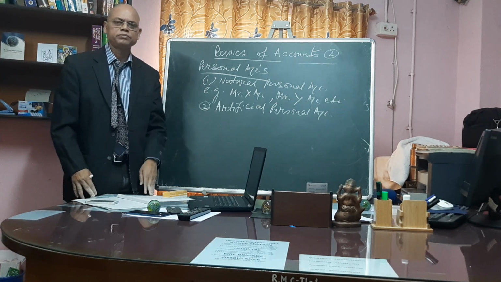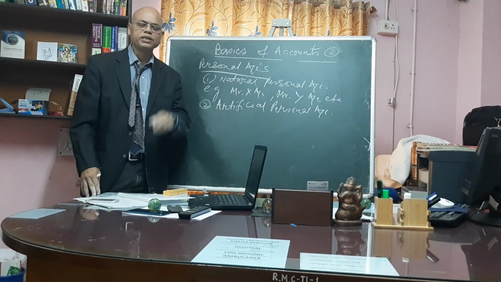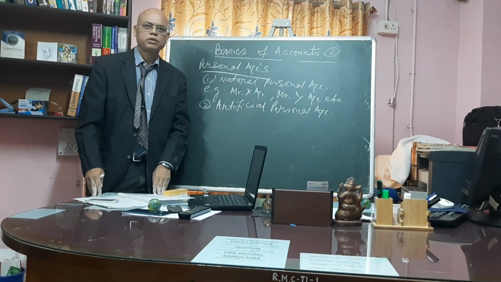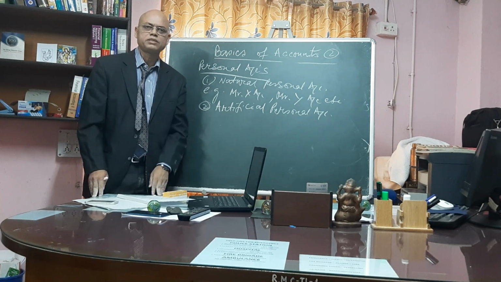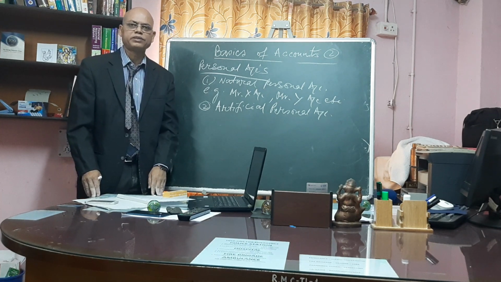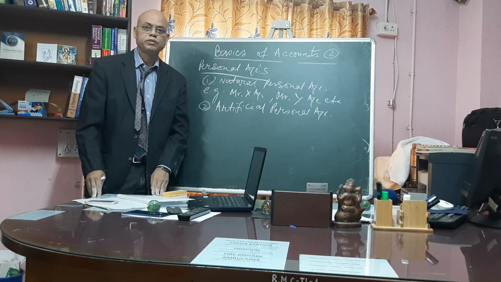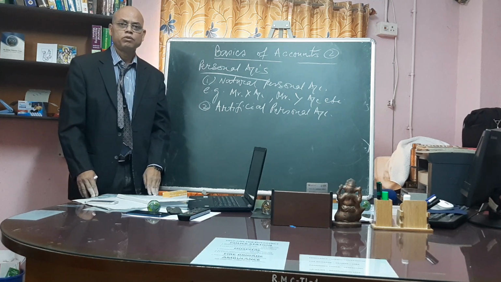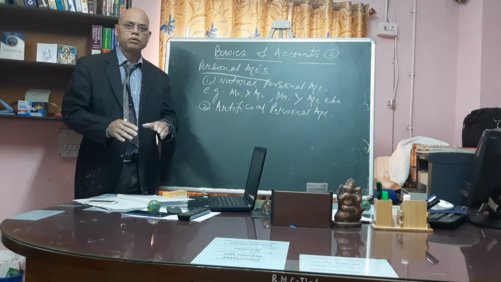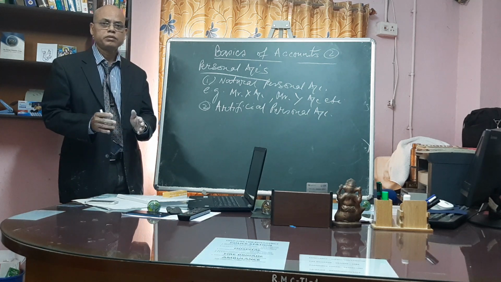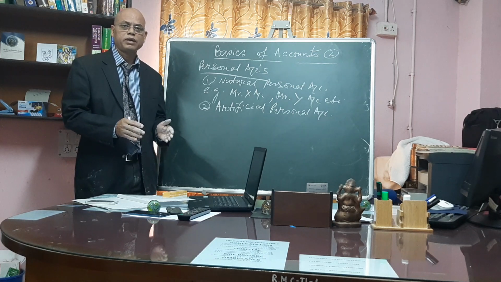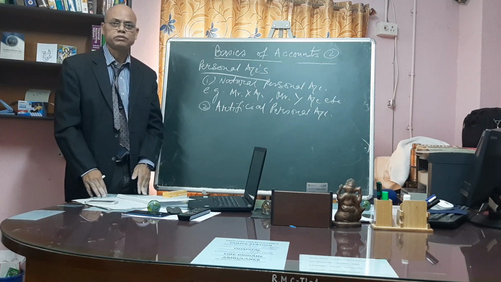the corporation, the company. In the eye of law, we consider the companies as having a separate legal entity, but in accountancy, we consider a separate entity of business from the businessman as well as from other institutions.